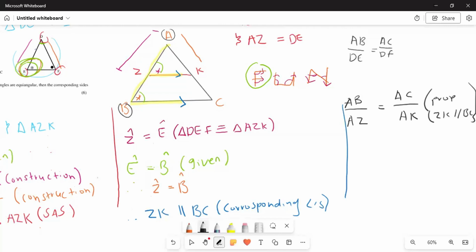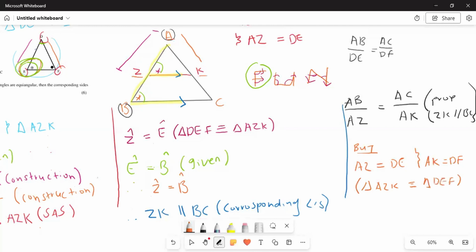So, and lastly, we are approaching the final stages. I'm going to say, okay, but remember, I said that my AZ is equal to DE, and I also stated that my AK is equal to DF. And why is that? Because these two triangles, AZK as well as triangle DEF, are congruent to one another, meaning that they are exactly the same, right? And my reason would be triangle AZK is congruent to triangle DEF.